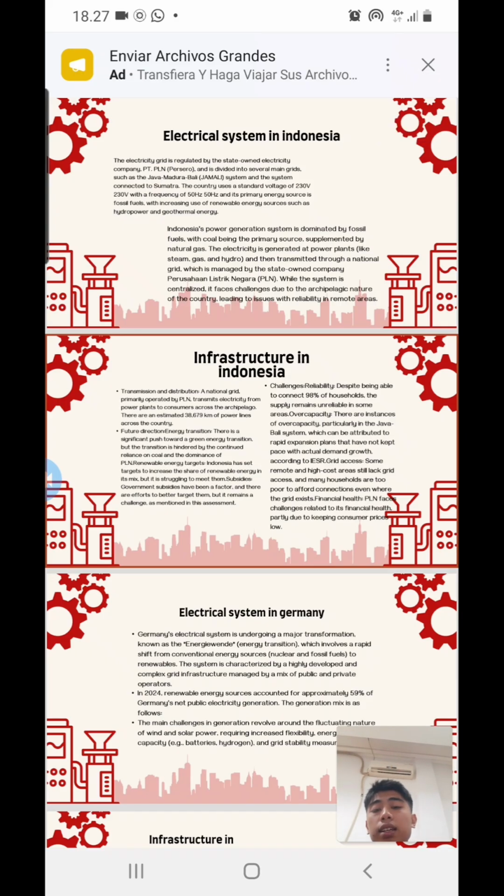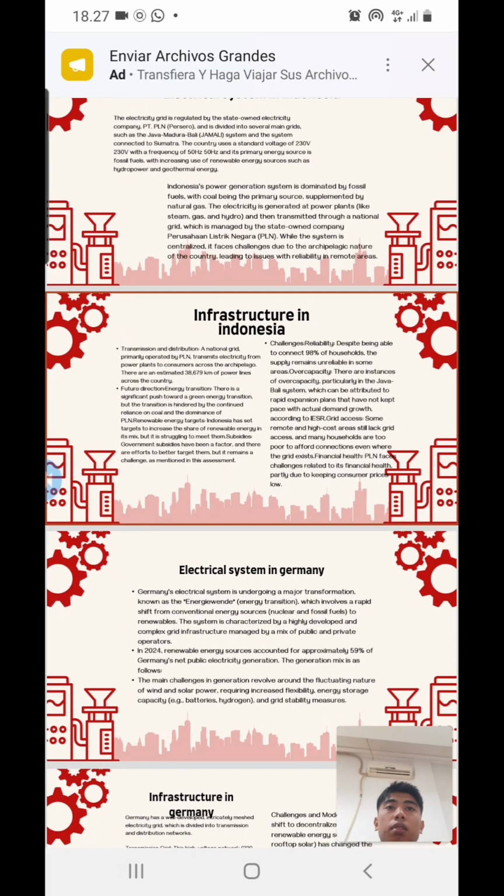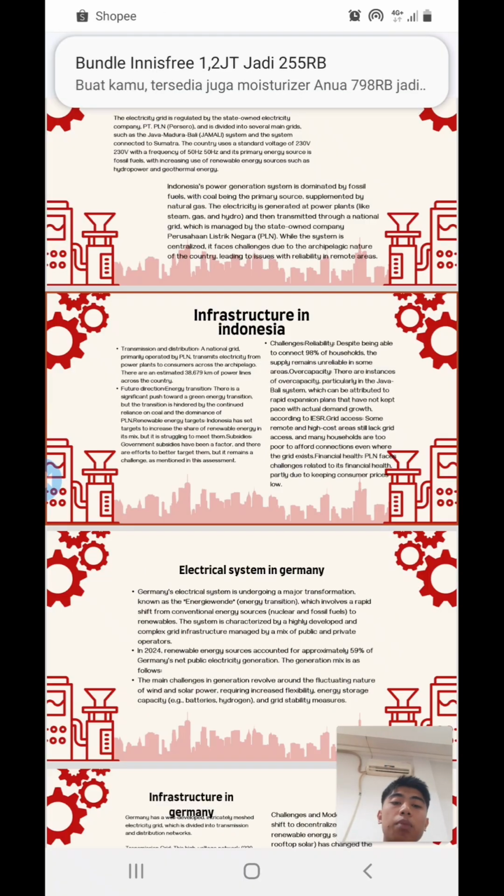The electricity is generated at power plants like steam, gas, and hydro, and then transmitted throughout a national grid, which is managed by the state-owned electricity company. While the system is centralized, it faces challenges due to the archipelagic nature of the country, leading to issues with reliability in remote areas.